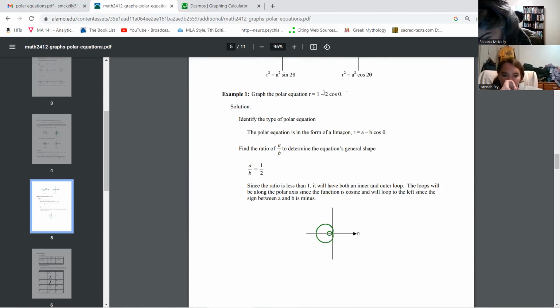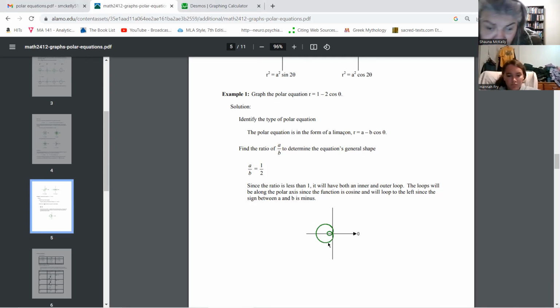Okay, this is a snail curve with a equal to 1, b equal to 2, and a minus in the middle. Because it's a cosine, you're going to open either left or right. Because it's a minus, you're going to open to the left, and we do. So snail curves, if it's a minus and a cosine, you open in the minus x direction.